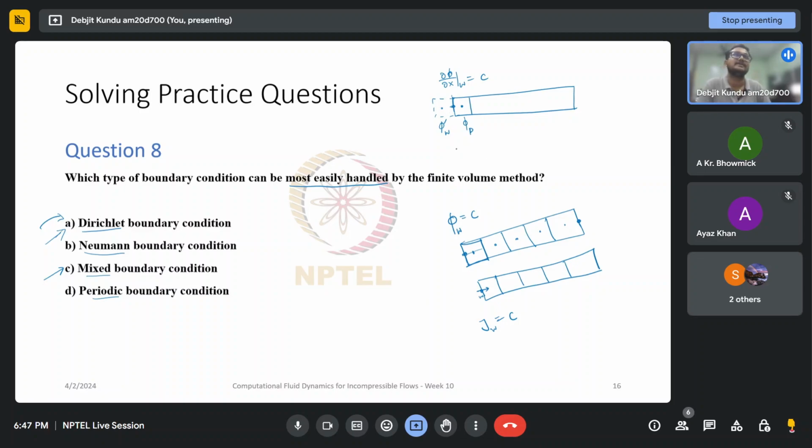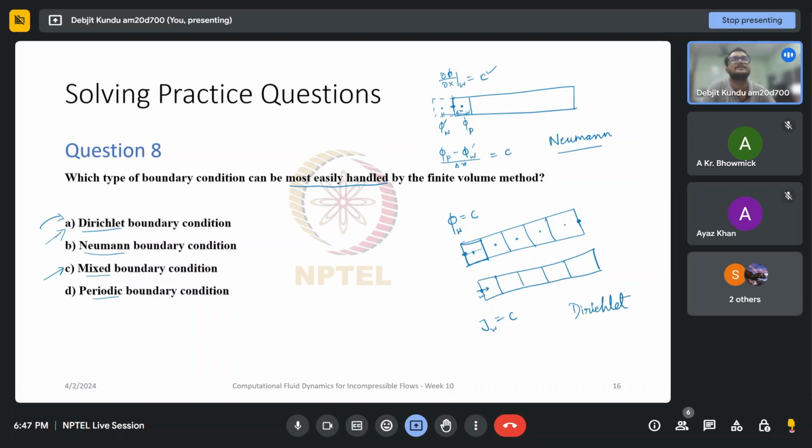The distance between these two is delta x. So I'll have to say that phi p minus phi w prime divided by delta x is equal to this constant value. So this is for the Neumann case, and this was for Dirichlet.